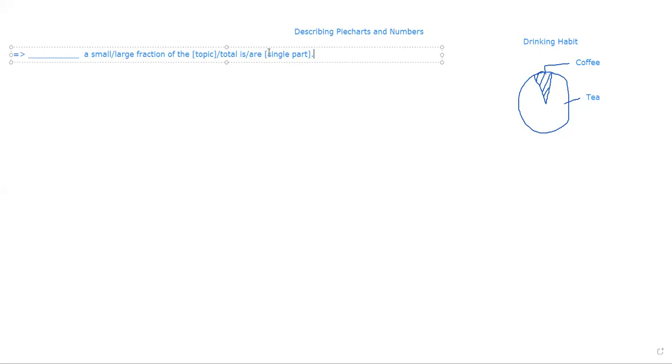Single part means in this section, you are going to talk about the specific part of the pie chart. For example, in this case, you are going to talk about coffee. Start from the beginning, from this blank, overall or in general, whichever one you prefer.